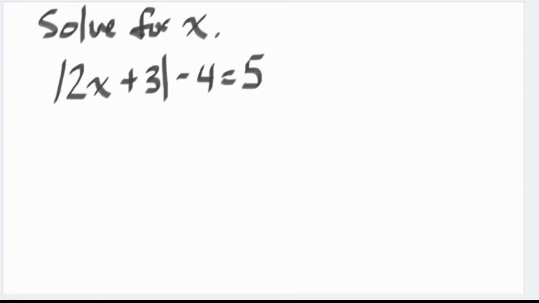We want everything inside these red bars, only that, on one side of the equal sign. Right now we also have this -4, so the way we get rid of a -4 is maybe what you'd expect, to add 4.